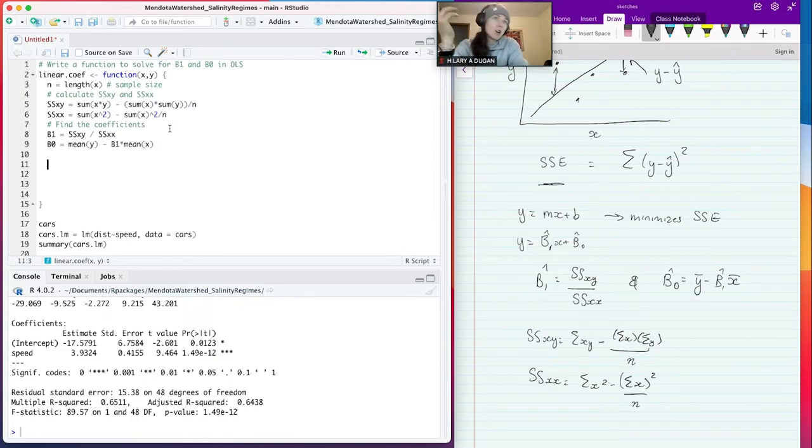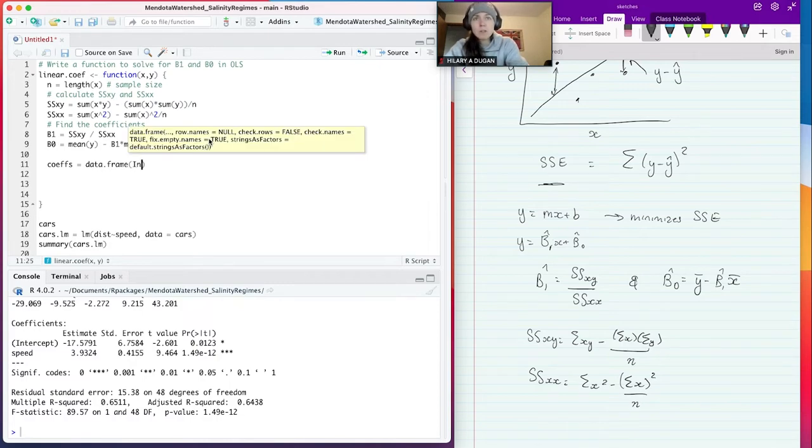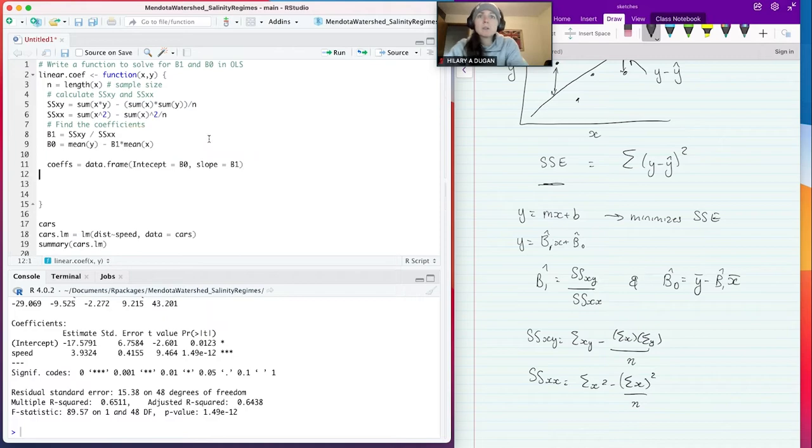Now, functions in R can only return one object, so we're just going to combine these into a data frame and say our coefficients equal a data frame where the intercept is B0, or we can call that beta naught, and the slope is B1, beta 1. And then we're just going to tell our function to return coefficients. And let's see if this works.